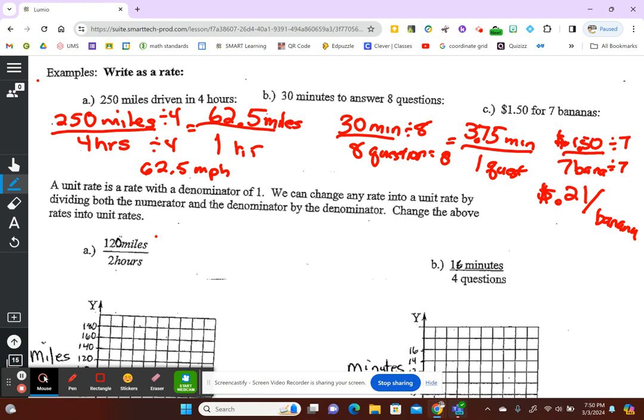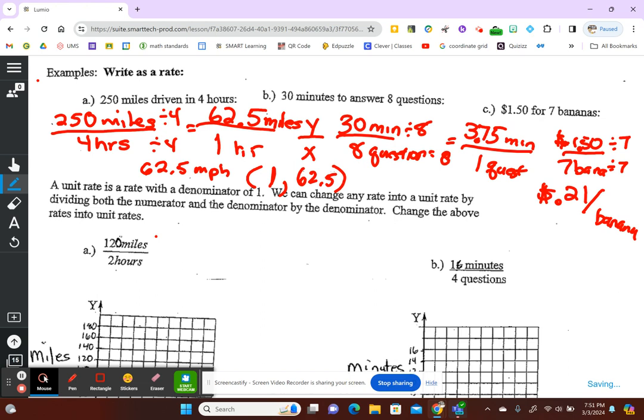Okay, so now as a unit rate, we can represent a unit rate on a graph. And when a unit rate gets represented on a graph, we know it's always y over x. So as an ordered pair, the unit rate is when x equals 1 and whatever y equals is the unit rate.